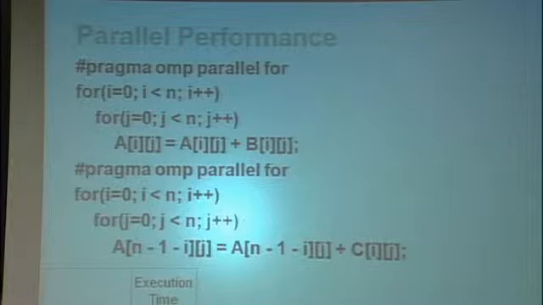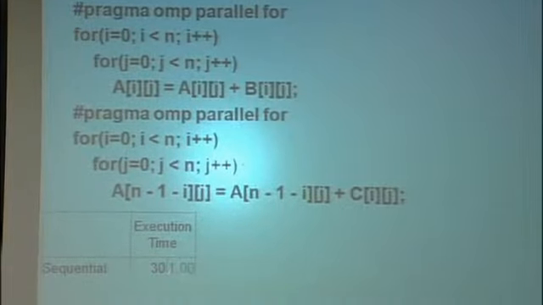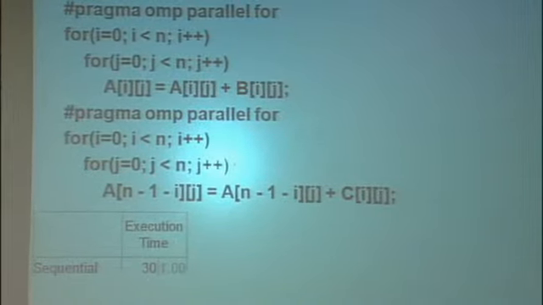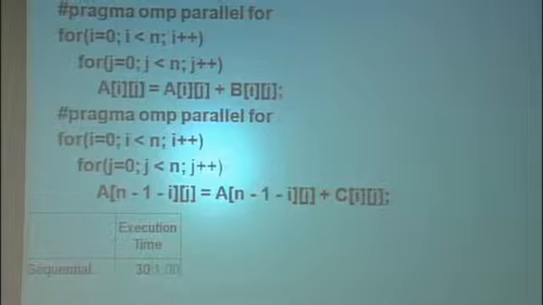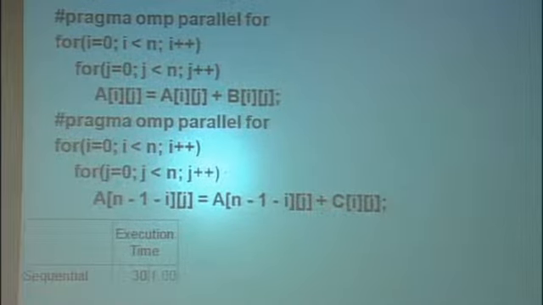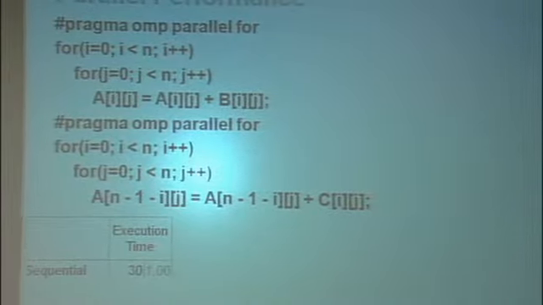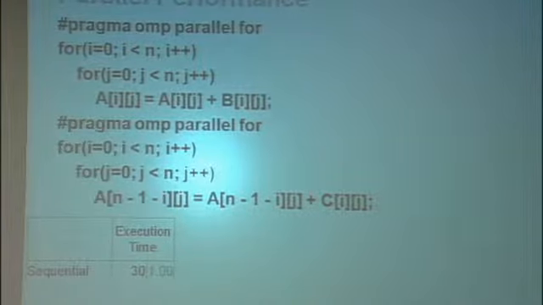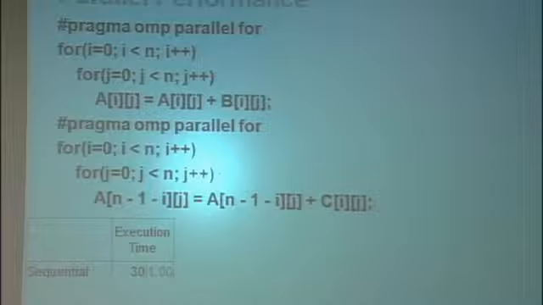If you run this sequentially, you get about 30 milliseconds, I guess, to run. But if you run it in parallel, what do you get? Should it run faster or slower? Anybody want to take a guess?